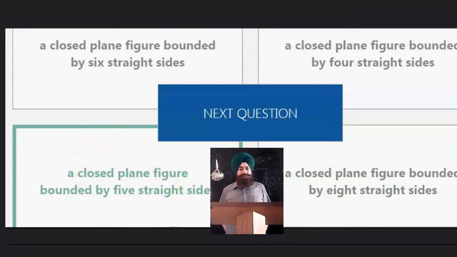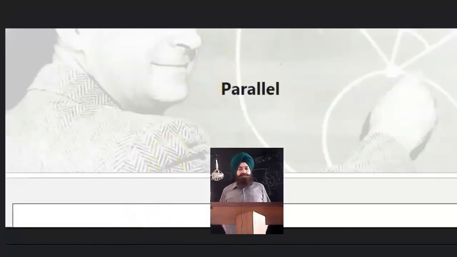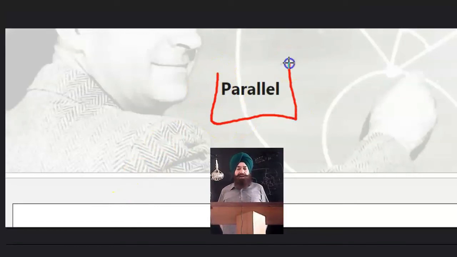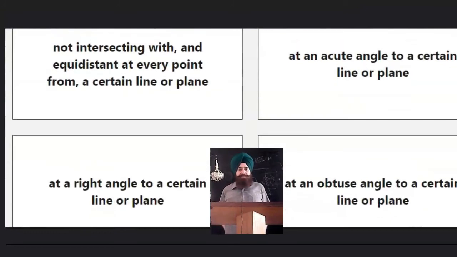Now going to the next one. What do we mean by parallel? Parallel, you know very well, parallel lines, parallel planes. Number 1, not intersecting and equidistant at every point from a certain line or plane, is it the correct one?